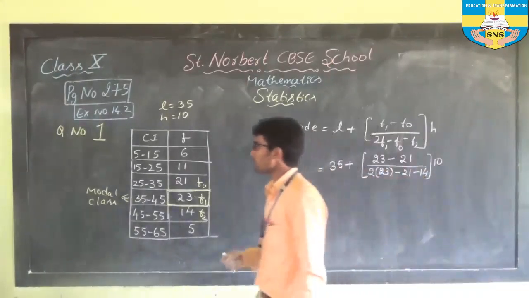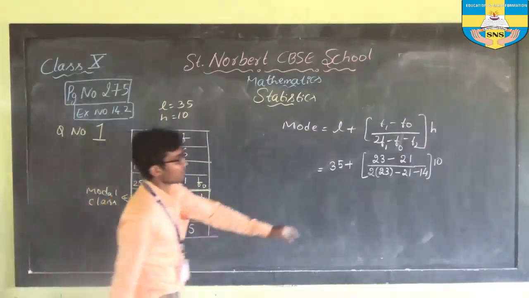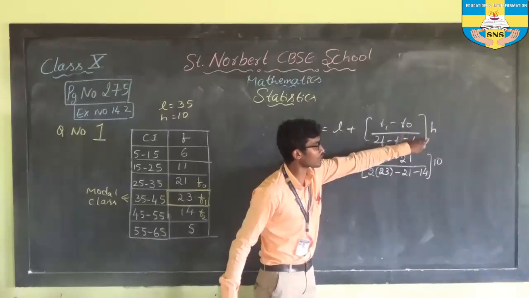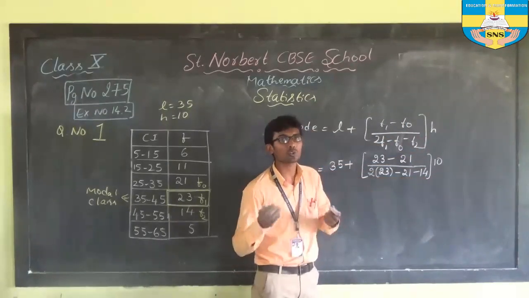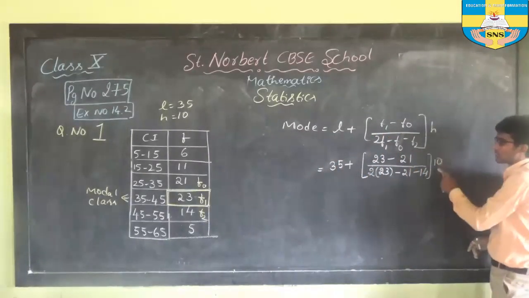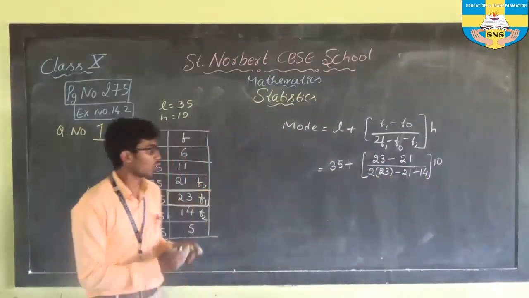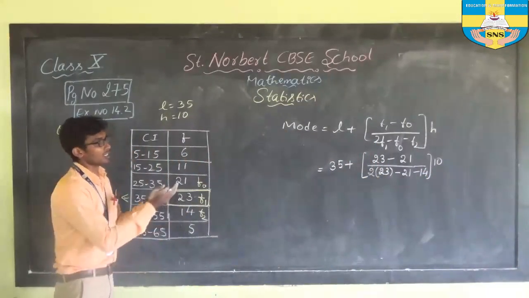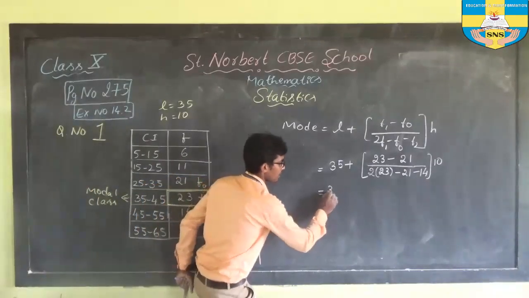I observe when I am correcting the papers, students normally make mistakes with this H. They will write H in the formula, but they will forget to write the value of H in the next term. So don't make the same mistake. When you are writing the formula, you should write the value of H as it is. Then you can go for the basic calculation, or try to remove the bracket, or cross multiply, or you can try taking the LCM.